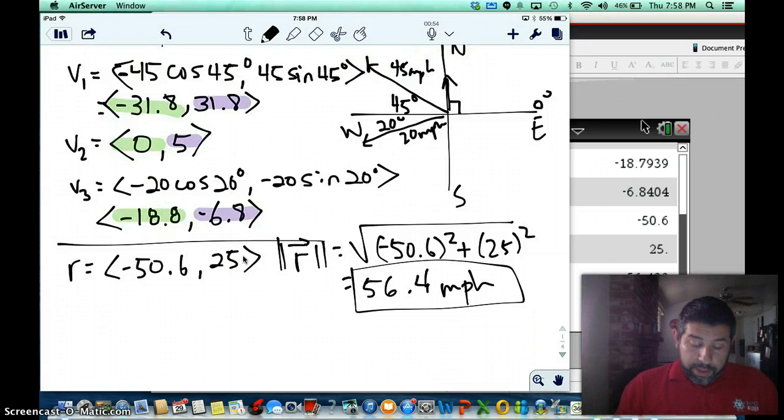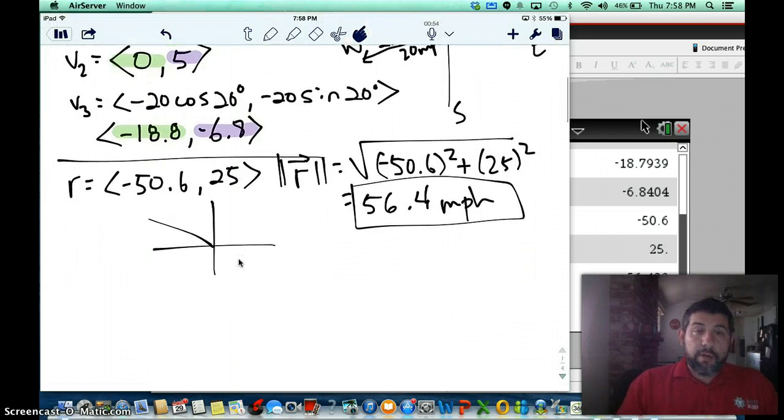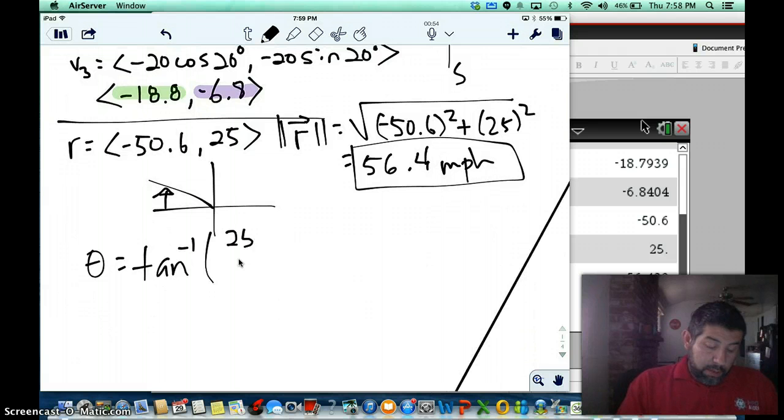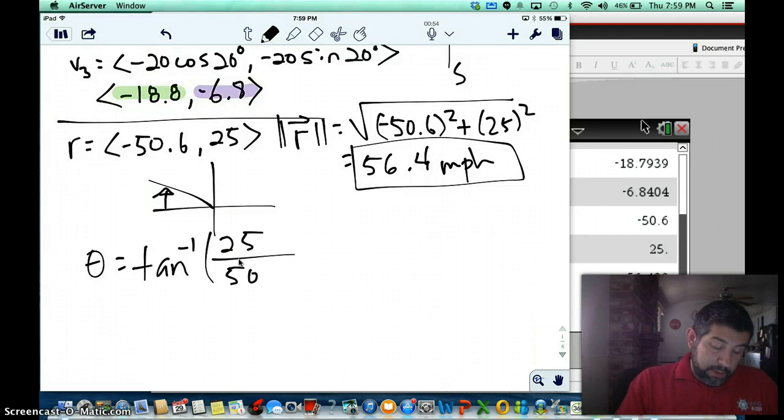And now we want to find the direction. Notice here that the x is negative and the y is positive. So if the x is negative and the y is positive, this r is going to be somewhere over here, right? With it being over there, we are going to find this angle right here by using the inverse tangent of y over x, and we're going to keep the bottom positive.